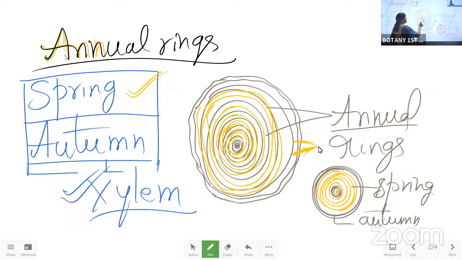Heartwood has much more antibiotics, that means it has much more latex, as well as inbuilt resistance to microorganisms, and it does not have water holding capacity in it. So that wood is the heartwood that is present towards the inside.